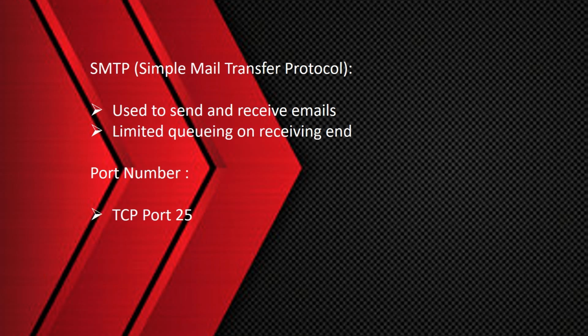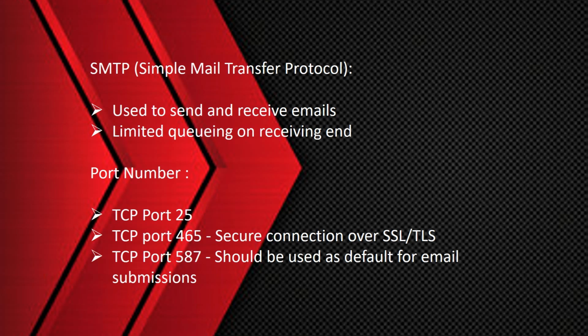The port number it uses is TCP port 25. It also uses TCP port 465 when it's going through a secure connection over SSL or TLS. That port number is no longer recommended. And then it also uses TCP port 587, and this one should be used as default for email submissions.